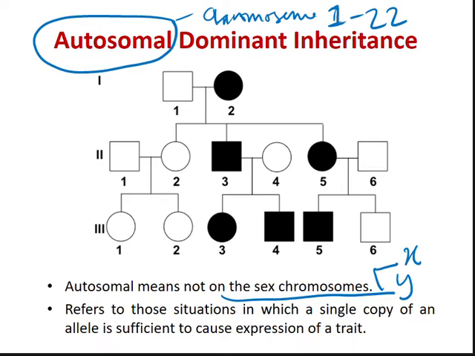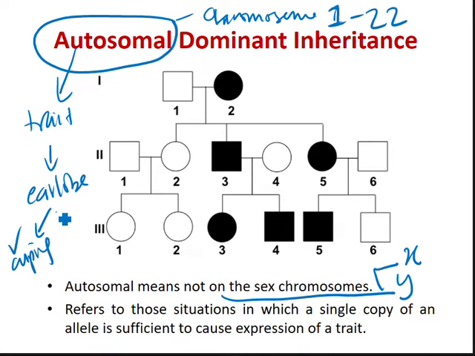Now, one example of an autosomal trait is the earlobe. Either you have earlobes or you don't have earlobes. Now, can you guess which one is the dominant feature?